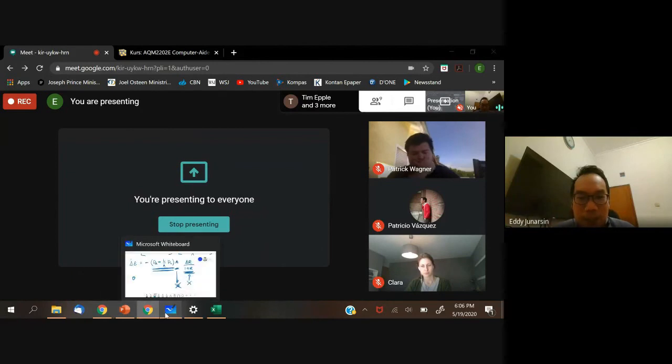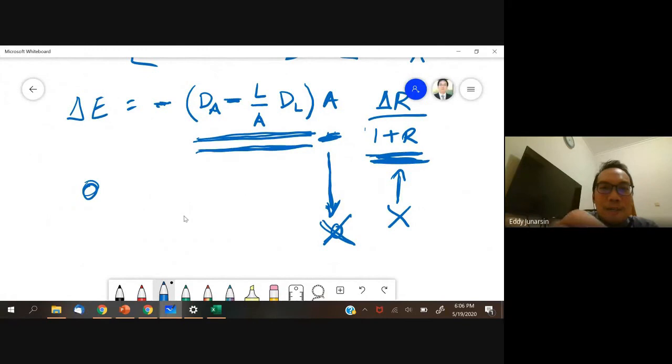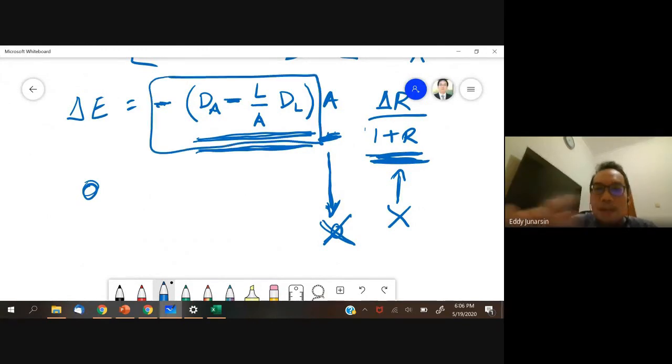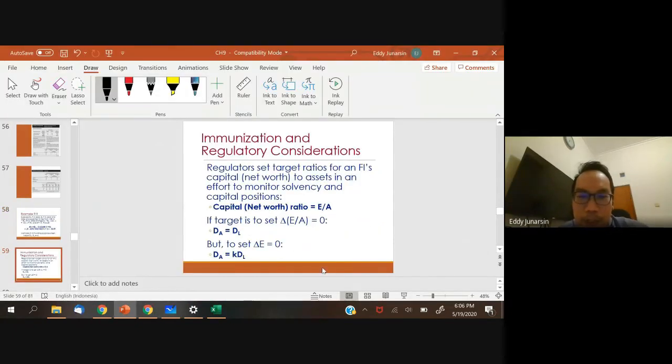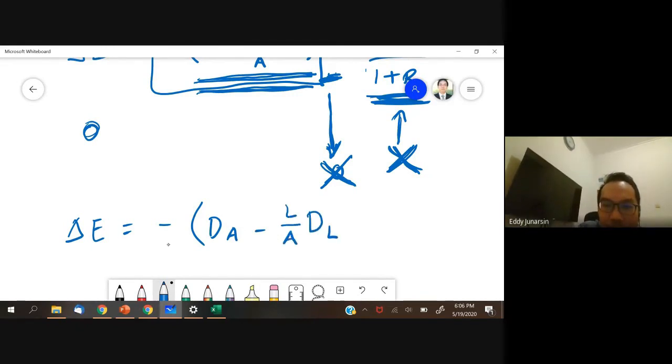So, coming back to our story, what can we do to make it 0? We can only play with this component, because of the other two components, one is beyond your control, and one is impossible to make 0 because these are your assets. You will not make your assets 0 because it means that you close the business. So what is the logic to make it 0? We have minus duration of liabilities multiplied by debt ratio.